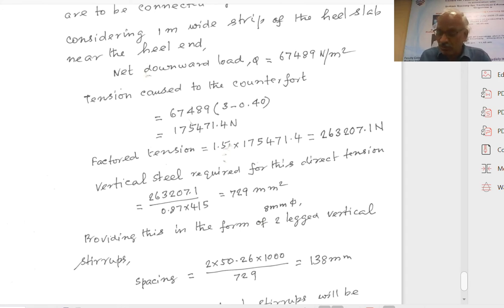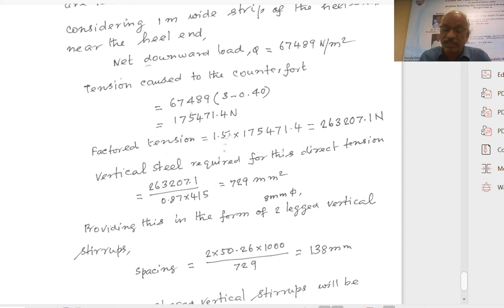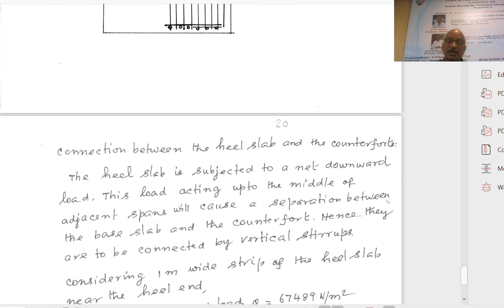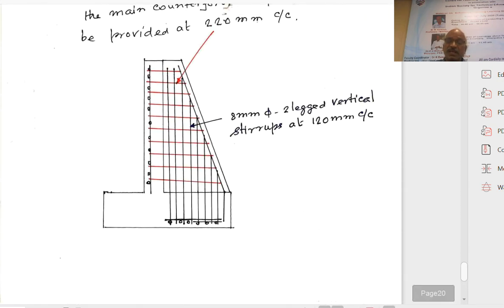So that is equal to 138 mm. So let us provide 2-legged 8 mm diameter vertical stirrups at a spacing of 120 mm center to center. This is the vertical stirrup connecting the counterfort and the heel slab. Now we can see the vertical stirrups, 8 mm diameter, 2-legged at 120 mm center to center.